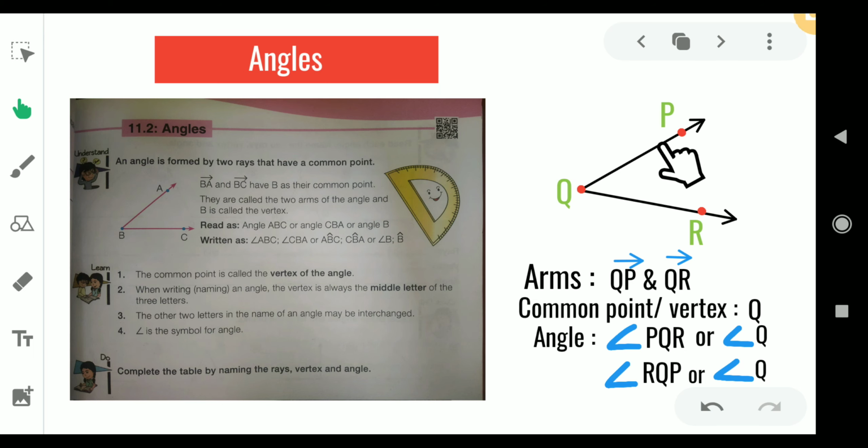Next, this angle PQR is also read as angle RQP, or this is also represented as angle Q only, because we have to select the middle letter and use the angle symbol. So this is how we can construct the angle and read the angle using arms, vertex, and finally using the angle symbol.